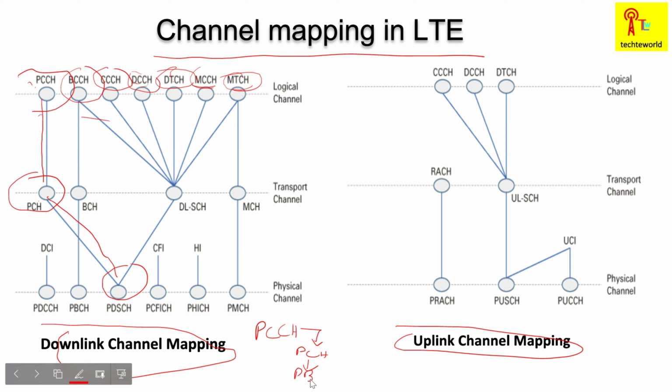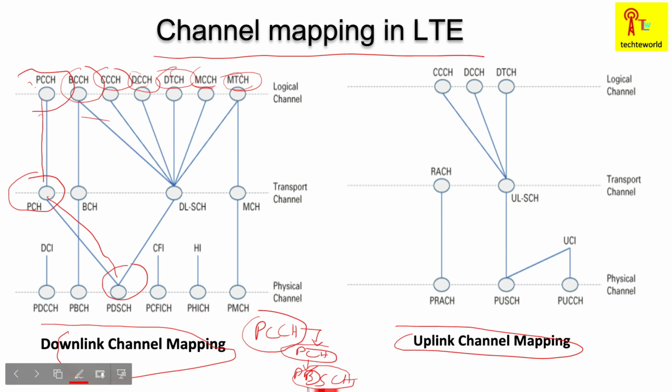Oh, sorry, it's PDSCH. So this is how the paging information travels across each channel. First it comes from the PCCH in the logical channel, then it goes to PCH in the transport channel, and then it goes to PDSCH.